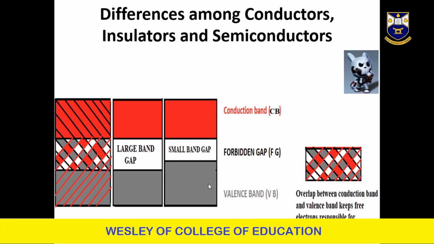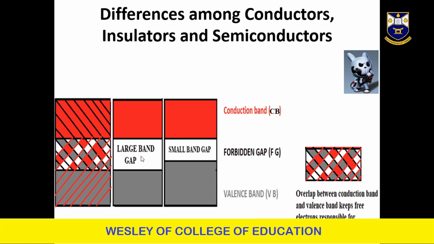So if you take a look at the insulator, you realize that it has a conduction band, it has a valence band, and it has some forbidding gap, which has been described as a large band gap.